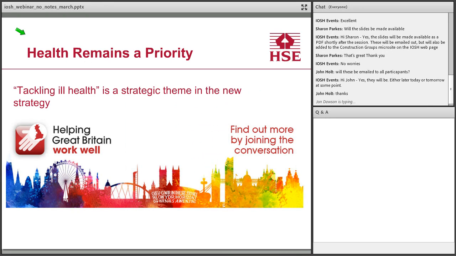Moving on to some current work. As you will probably be aware, the strategy Helping Great Britain Work Well was published recently, in the last few weeks. There are 6 themes, and for us, tackling ill health is probably the one most significant for the team I work with. I mean, we can be proud of Britain's record on work-related health and safety.